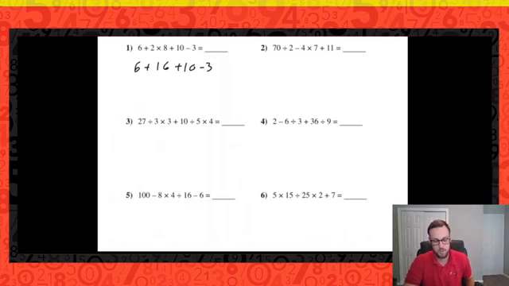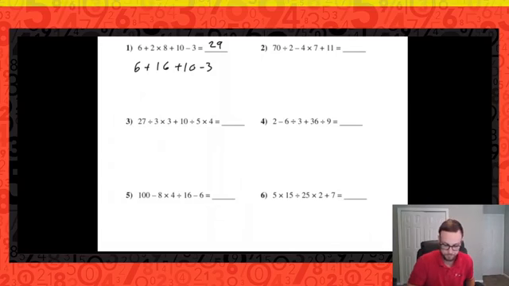So 6 plus 16 is, sorry, 6 plus 16 is 22. Plus 10 is 32. Minus 3, 29. Nice job.